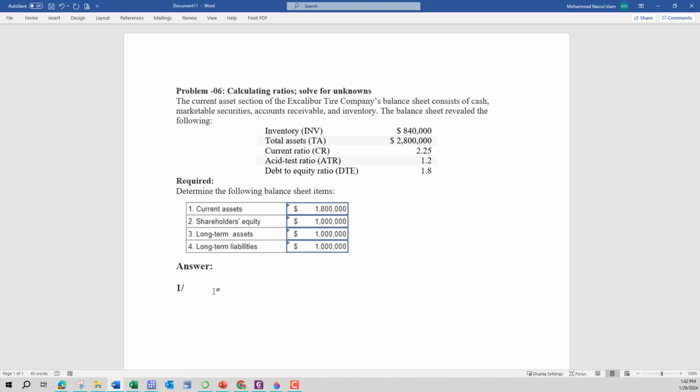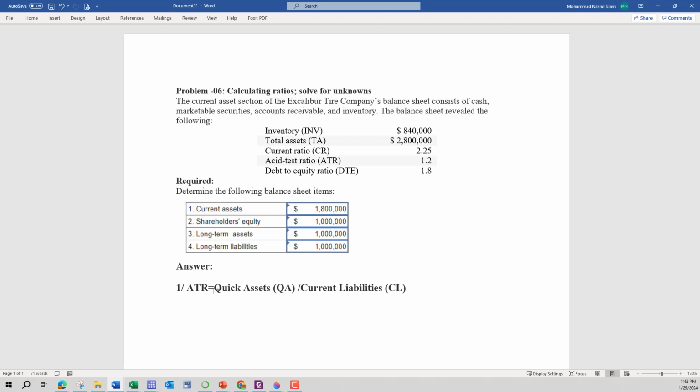We have been given the acid test ratio. We know that the acid test ratio is equal to quick assets divided by current liabilities.